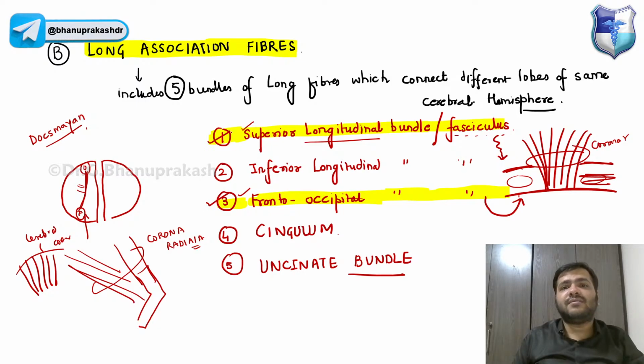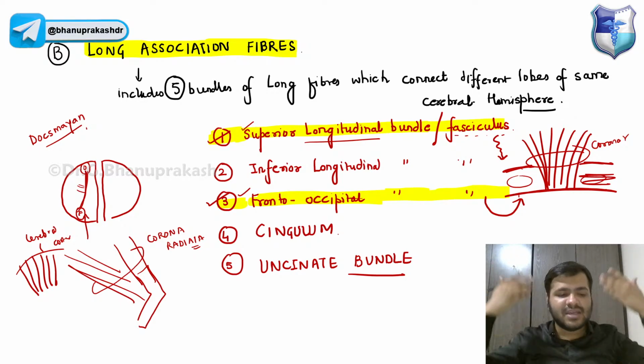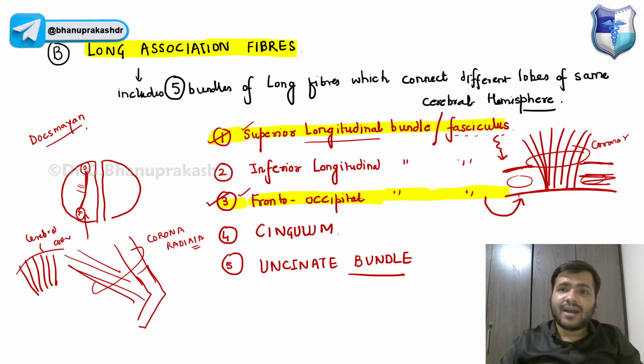The fronto and the superior, they are the same fibers, guys, but obviously they are named differently because they are creating a gap in between so that the corona radiata fibers can reach the cerebral cortex. If you don't give this gap, the corona radiata will not be able to reach the cerebral cortex, it will remain below. So that's why they are named differently, guys. I hope this is clear to each one of you guys.